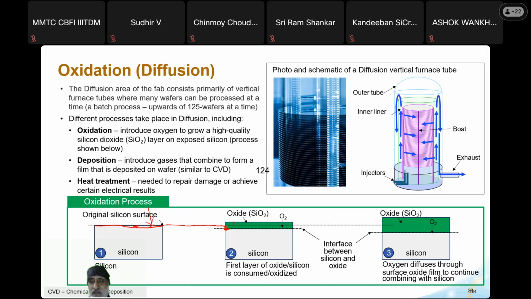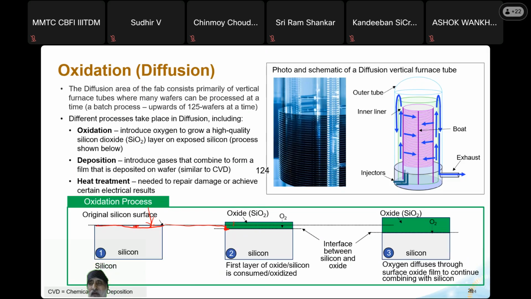So it's like this. And there's the Deal-Grove model which they studied, and how this process takes place, the kinetics, how much time. There are mathematical equations where we can tell to grow 5 nanometer, to grow 50 nanometer, how much time it will take, what will be the quality of oxide, how much temperature, how much pressure, everything is well characterized.